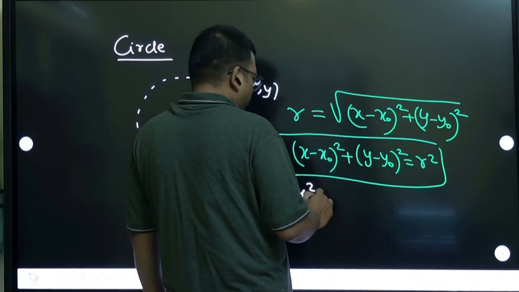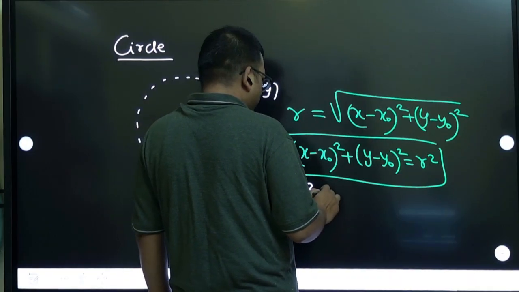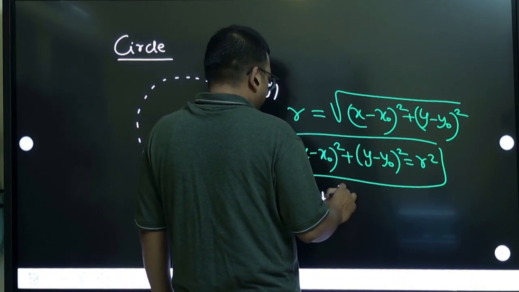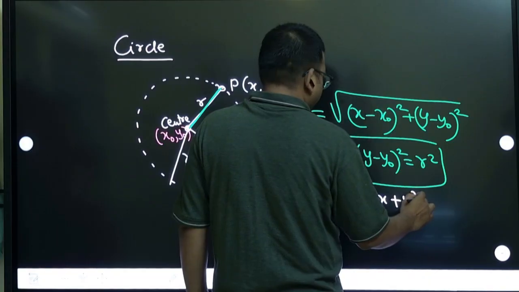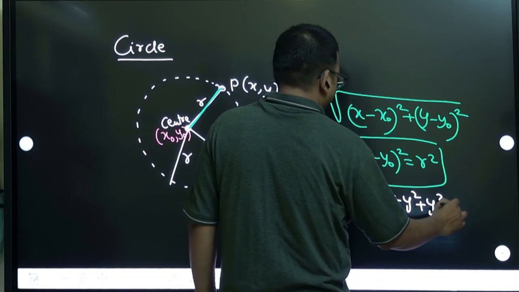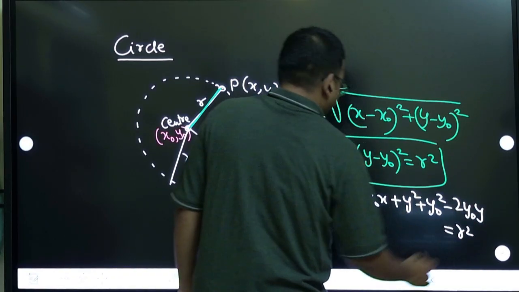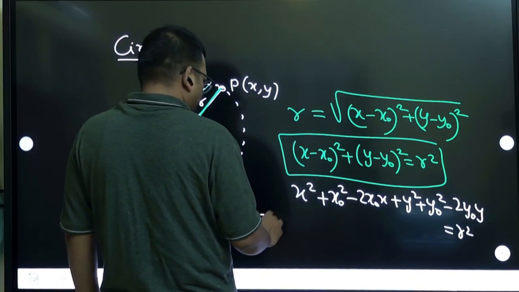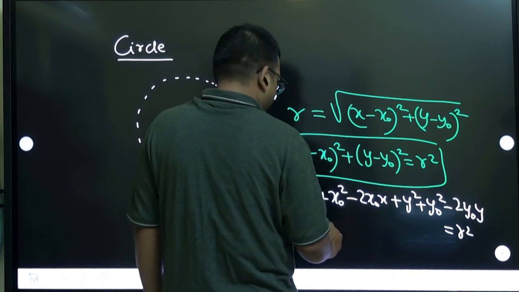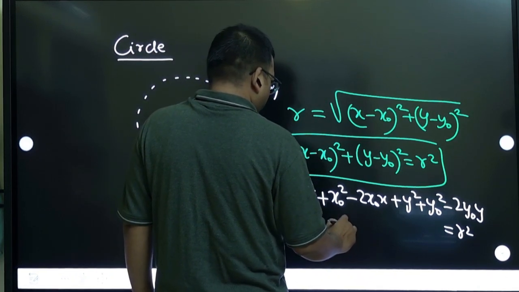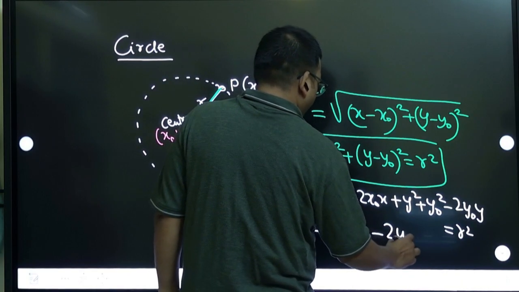So using a minus b whole square, we can open this: x square minus 2x naught x plus x naught square, plus y square minus 2y naught y plus y naught square, is equal to r square. So if I bring it in terms of x square plus y square, that becomes x square plus y square minus 2x naught x minus 2y naught y.